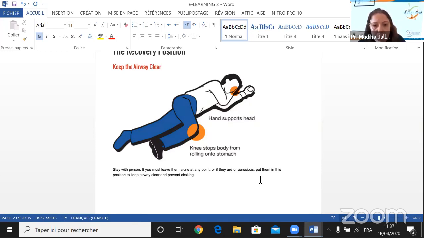So it is a safety position. You place the victim in, supporting his head by the hand, preventing him from rolling onto his stomach, keeping the airway clear, and preventing choking.